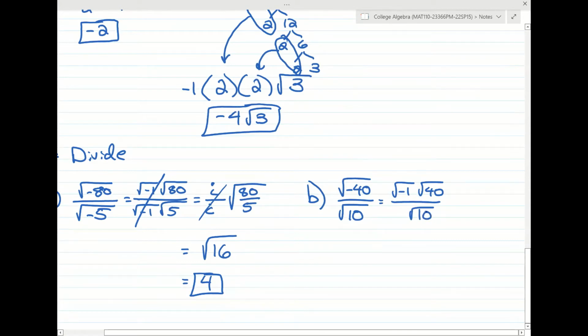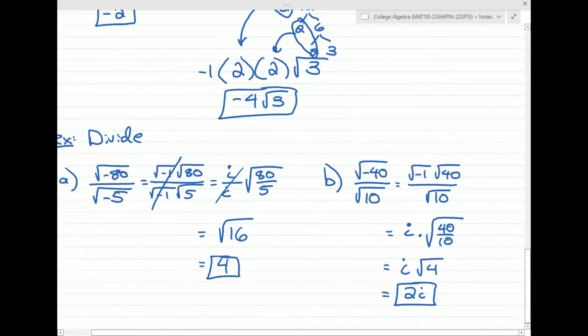You don't have to do it here because both of those radicals aren't negative. You only have to do it if both of those radicals are negative. This just turns into i times the square root of 40 divided by 10. i times the square root of 4 is just 2i. No problem with that.